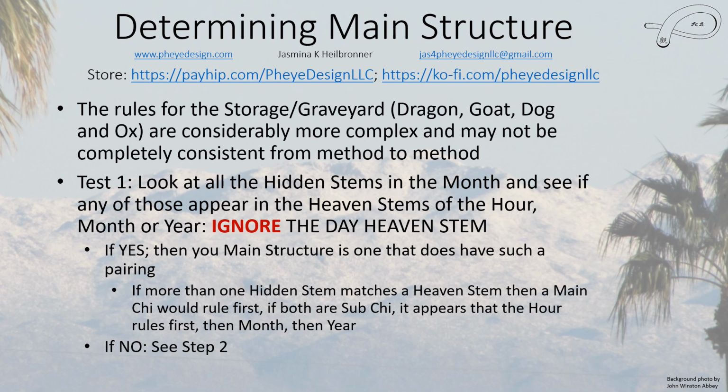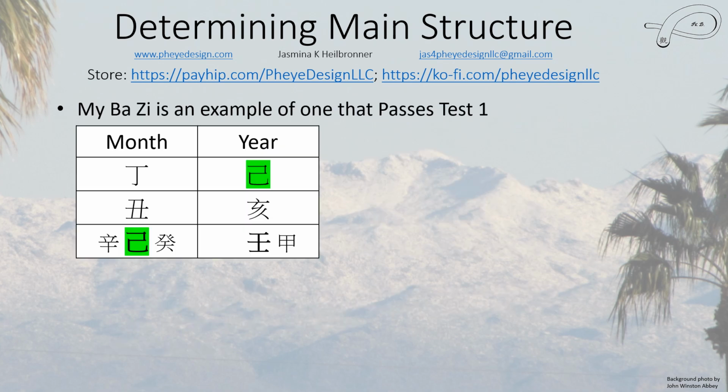And if the answer is no to this, then you have to go to step 2, which is where the real problems or the real discrepancies occur. So this is actually my month and year of my BaZi. I am ox, so I would have by season, the water is strong.